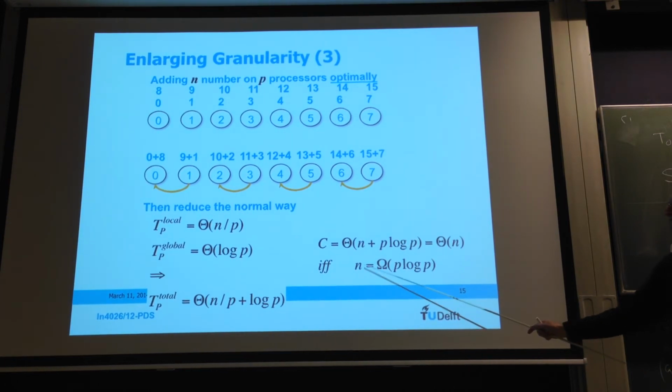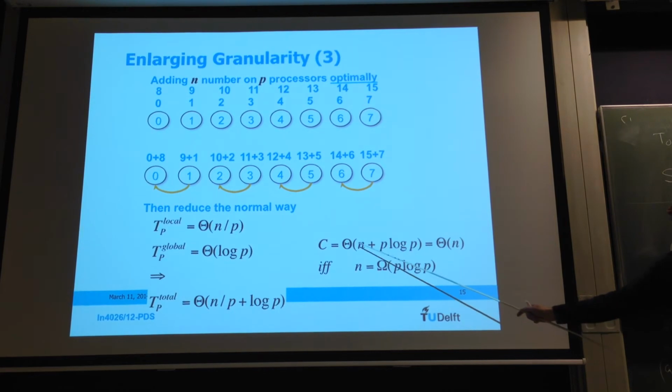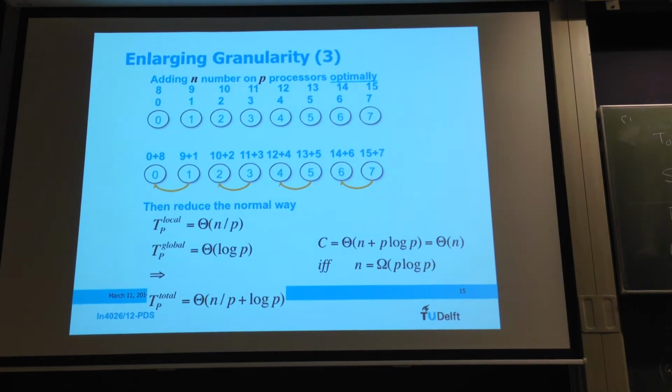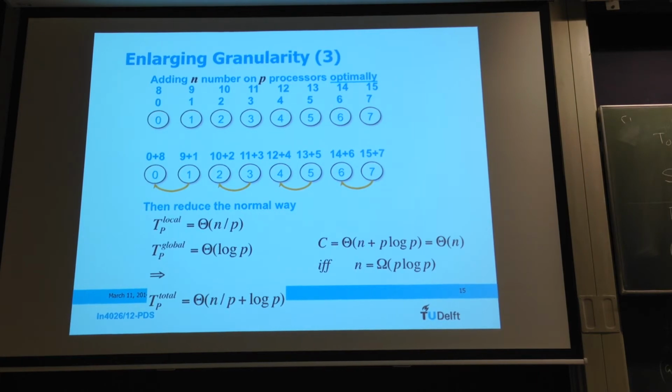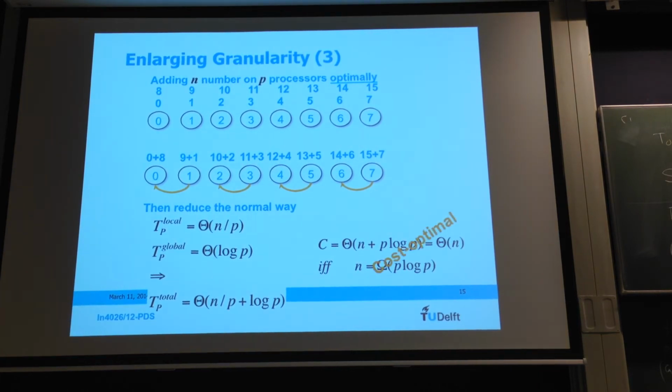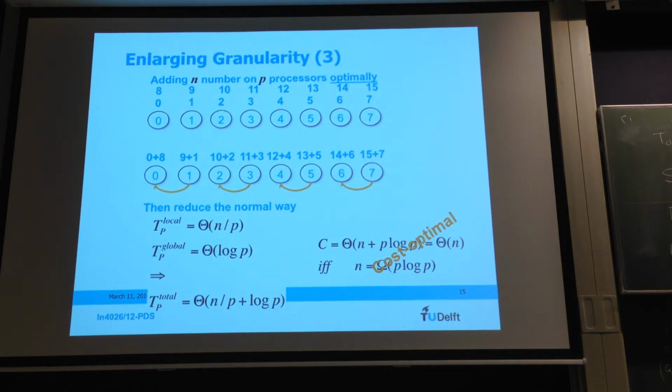So n must be larger than p log p. And then the cost is order n, and our sequential time is also order n. Ergo it is cost optimal, right?